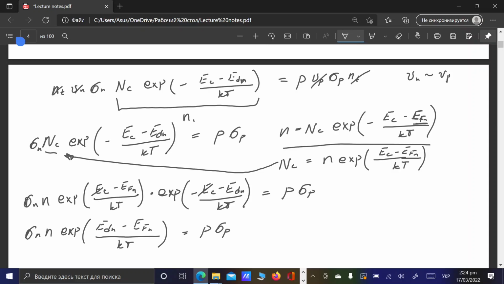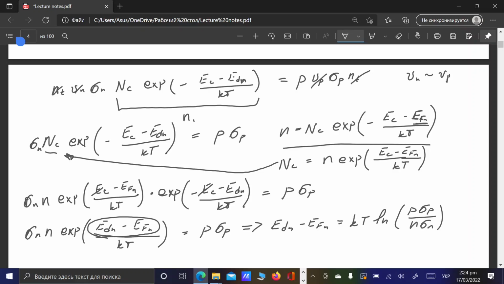We can rearrange this in order to get what we are interested in, the argument of the exponent. So we can write that Edn minus Efn is equal to Kt times natural logarithm of the ratio P times sigma P divided by n times sigma n.